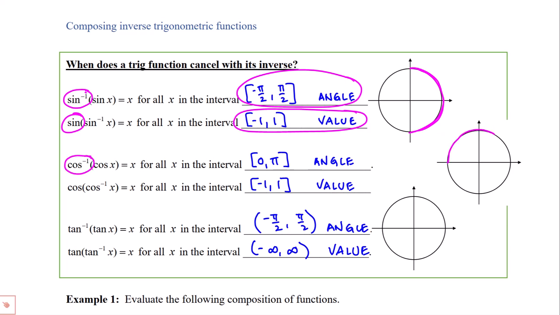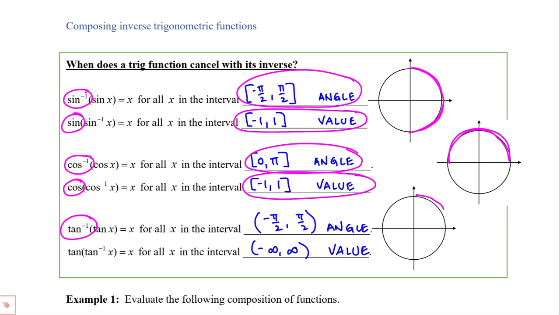Inverse cosine only gives us angles between 0 and pi. And again, cosine gives us values between negative 1 and 1. Inverse tangent, like inverse sine, only gives me angles between negative pi over 2 and pi over 2, but the tangent value will still give me values between negative infinity and infinity.